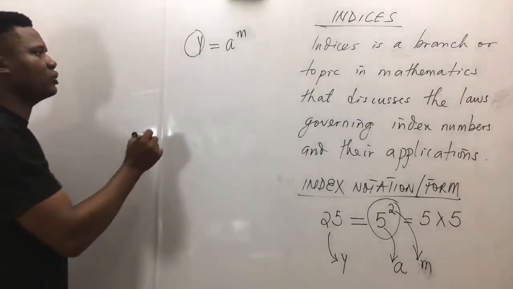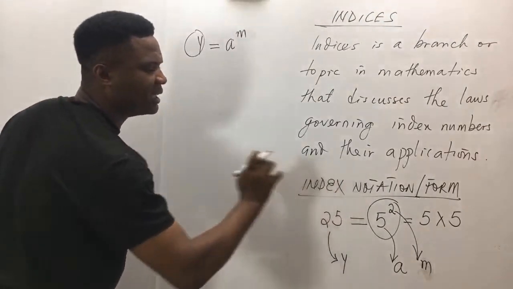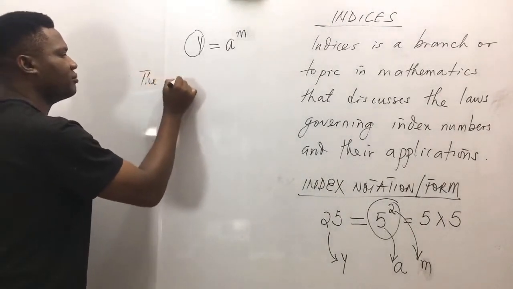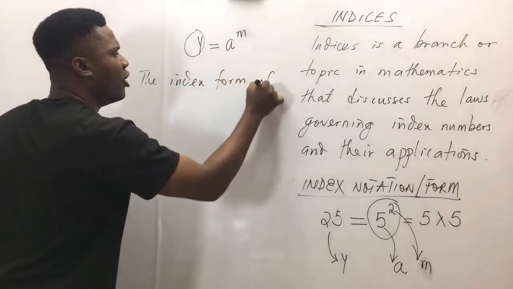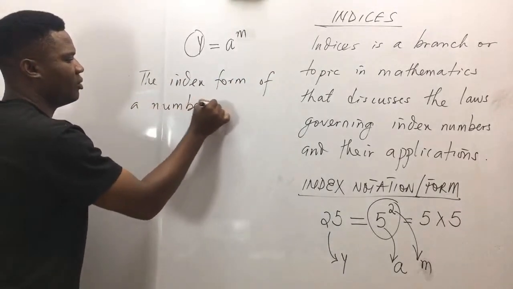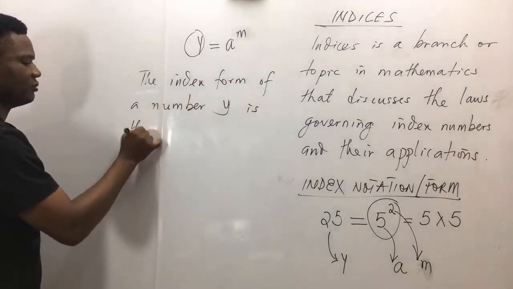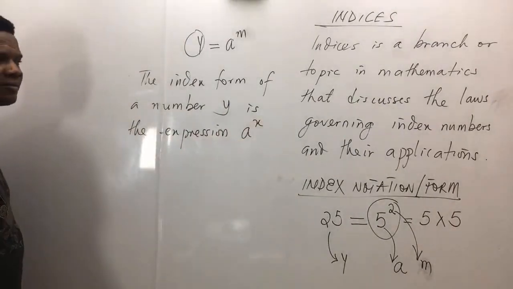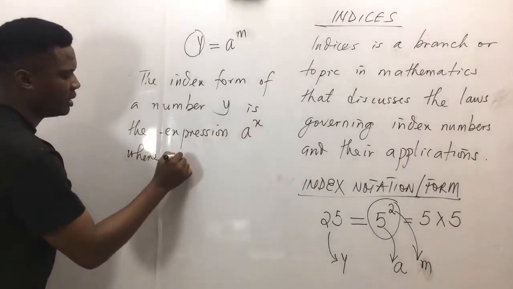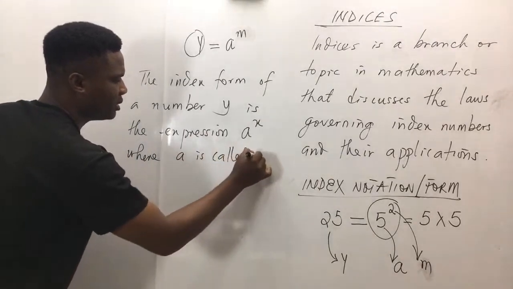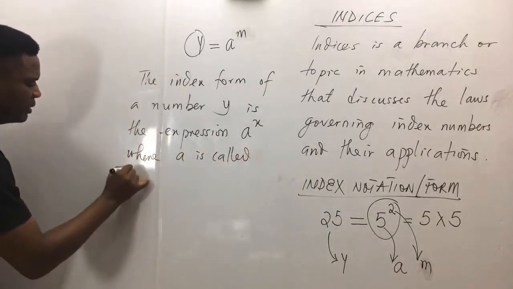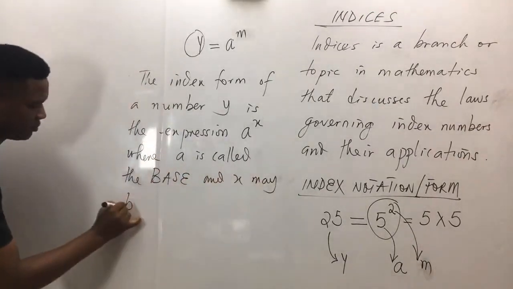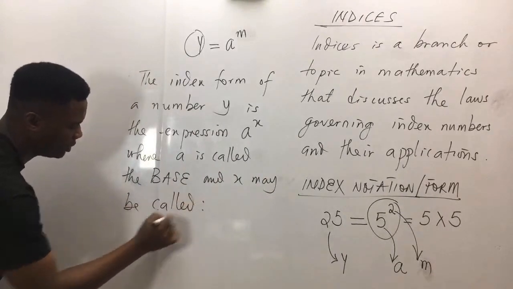Now please take note, if you want to explain what is the index notation or index form of a number, I'm going to say this: the index form of a number Y is the expression A raised to the power X, where A is called the base, and X may be called: 1.